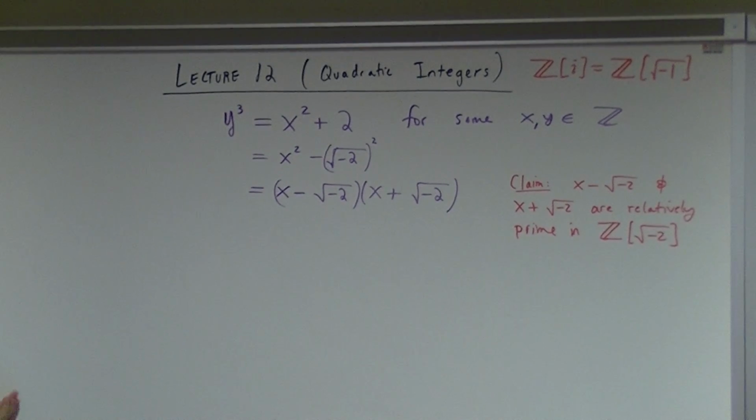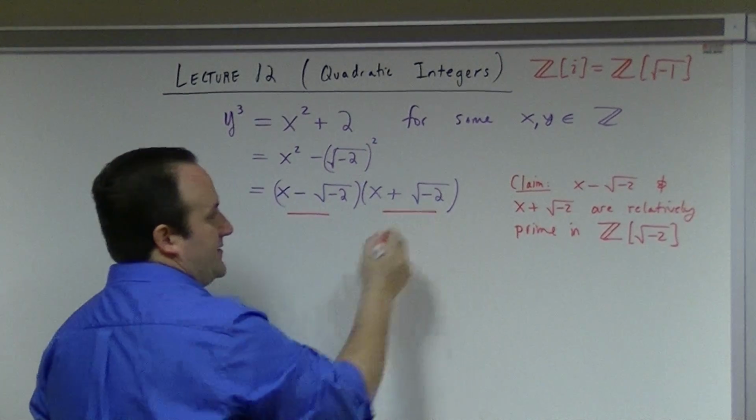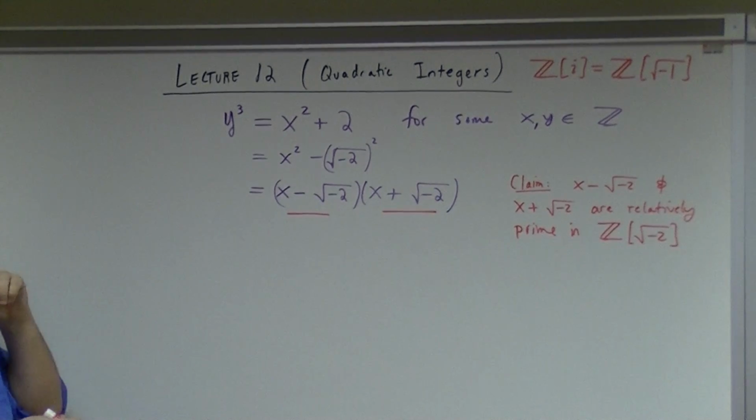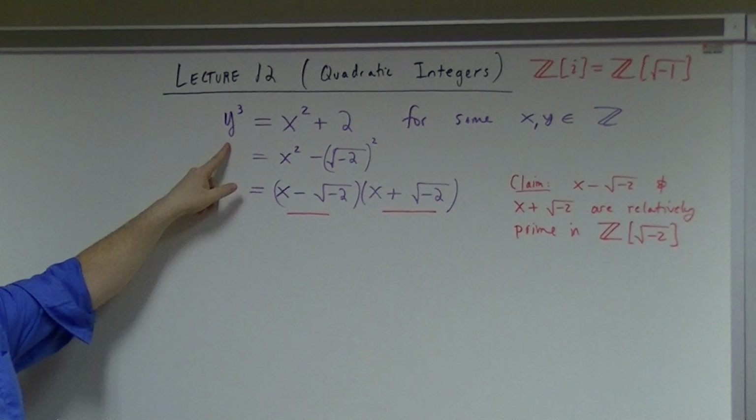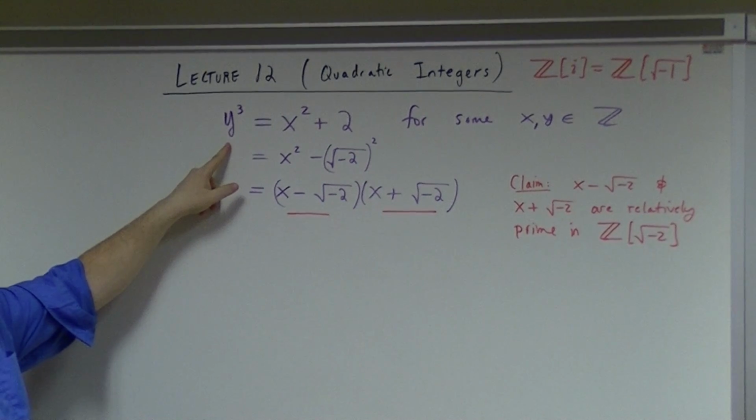So I'm doing the same thing, but now with the square root of minus 2 instead of the square root of minus 1. That's roughly the idea. But if this factor and that factor are relatively prime and they're equal to a cube, what does that say about these?